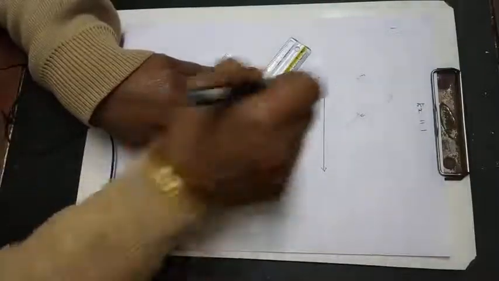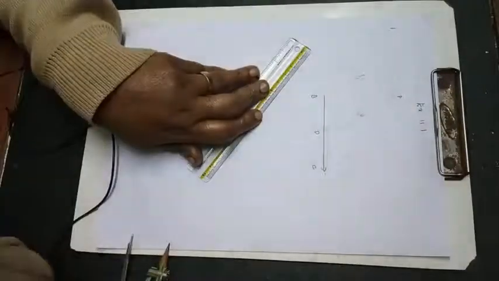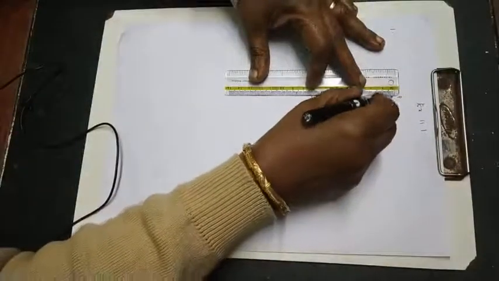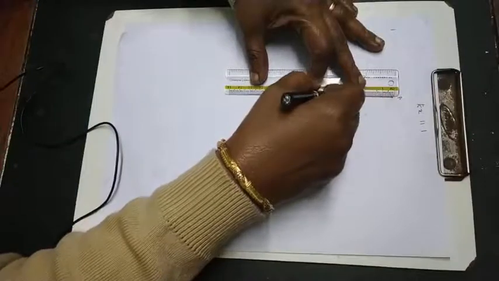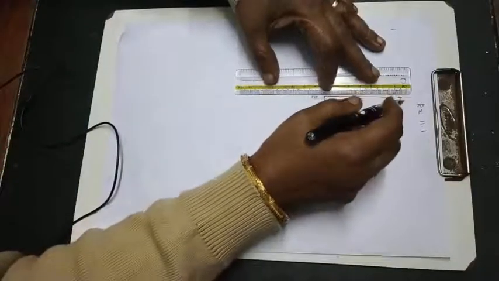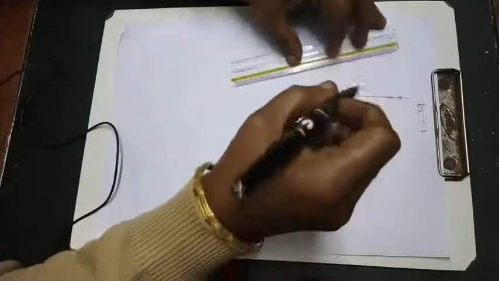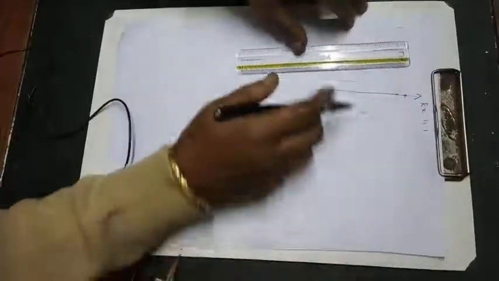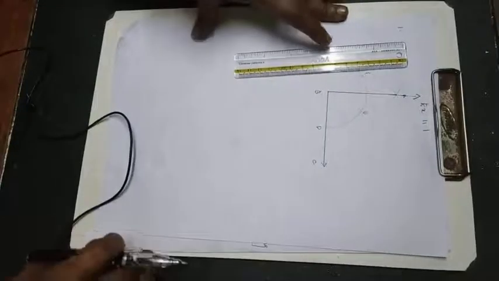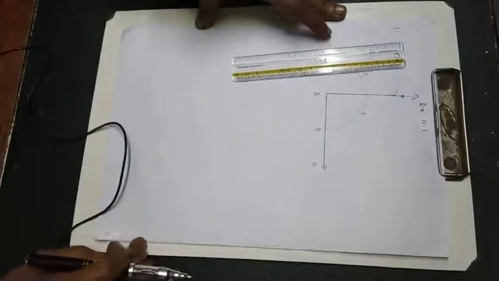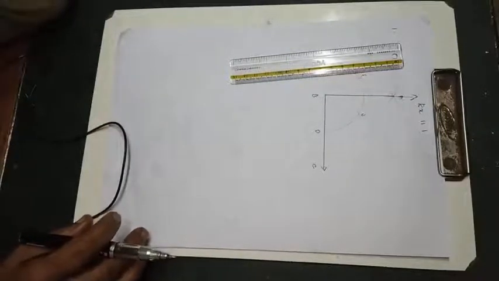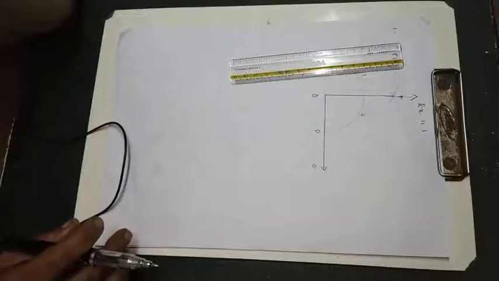So mark that point as A. Now join that A to B. Now ABC is 90 degree. You can see here 90 degree angle it is forming. Okay, measure and see whether it is 90 comes or not.